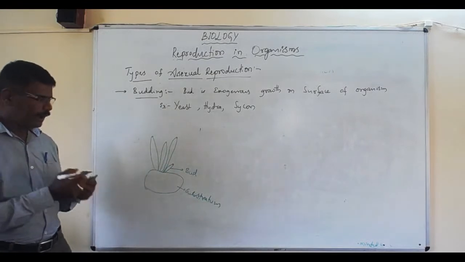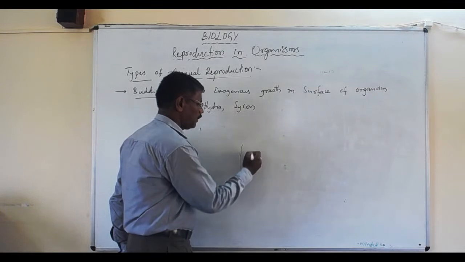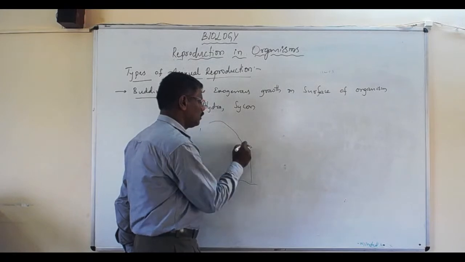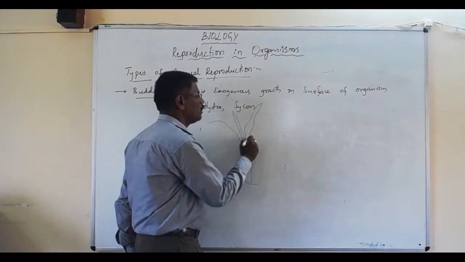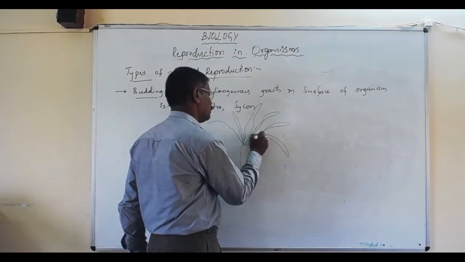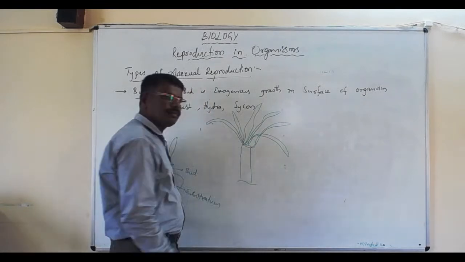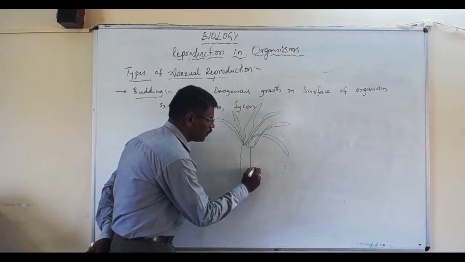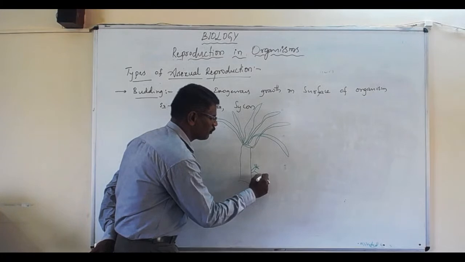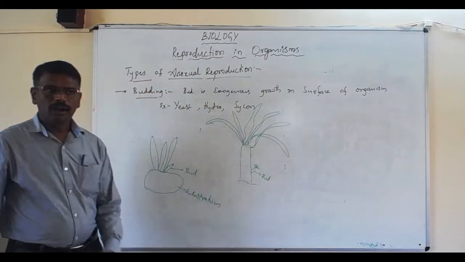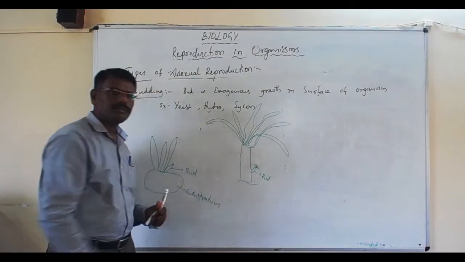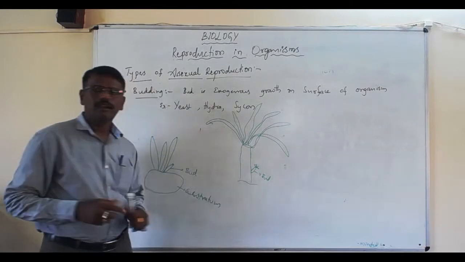So even in the hydra, a small bud grows on the external surface. After development of the bud, it detaches from the parental body, and the bud grows as a new individual.